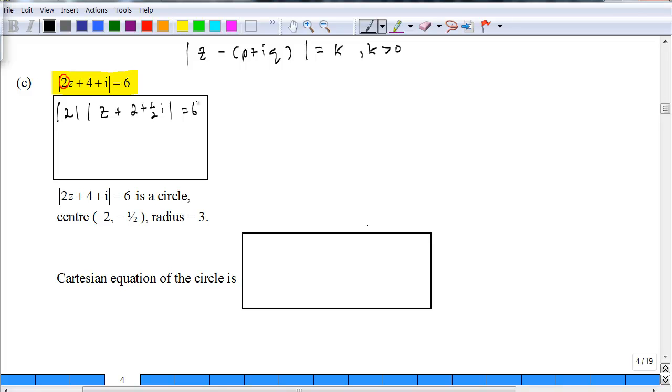Taking out the 2, you will have |z + 2 + (1/2)i| = 6. Then we write it further by simplifying it into the standard form. The 2 on the left side, you bring over to the right, which will give you 3 on the right side of the equation.